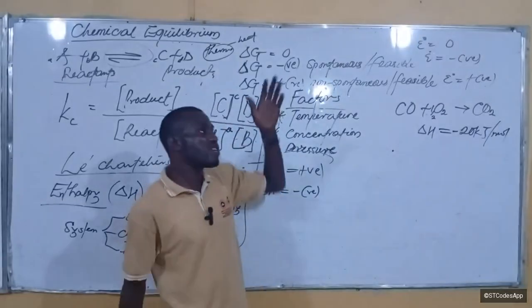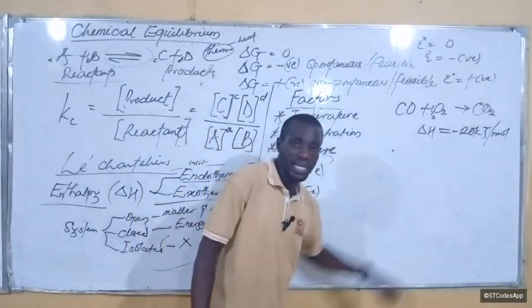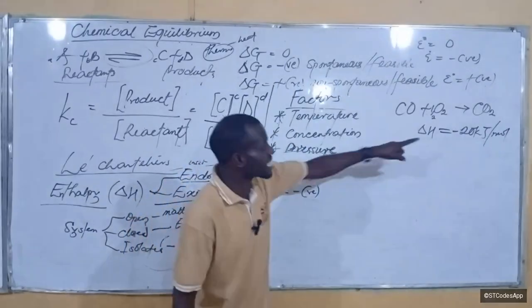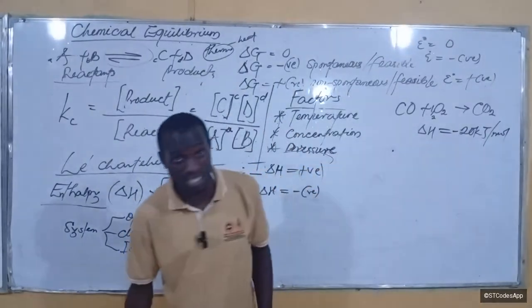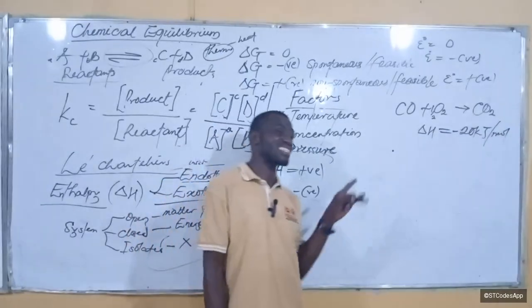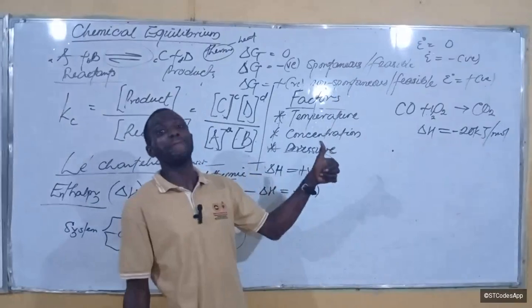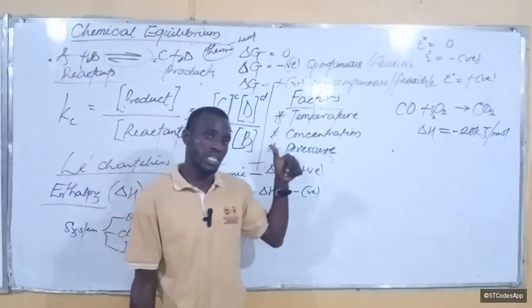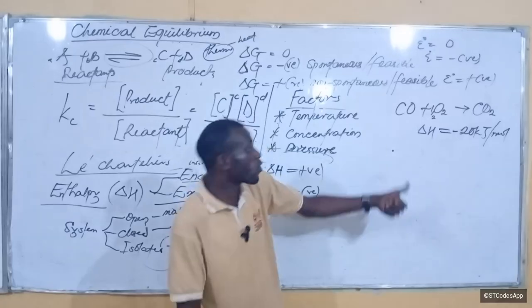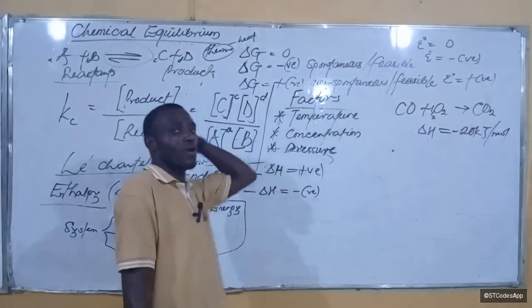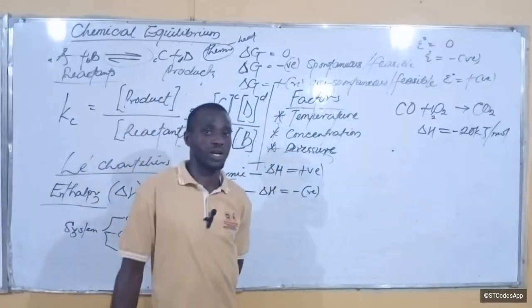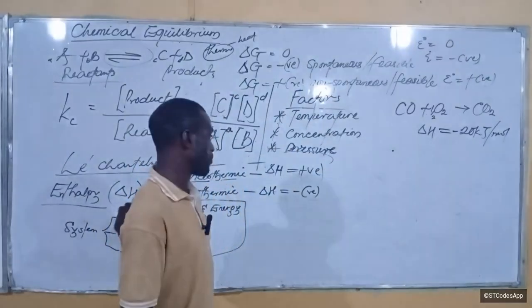If you increase the temperature, it will go backward, recede, not proceed. Exactly, to favor the backward reaction. I'm already using the terminology we are going to use under equilibrium.